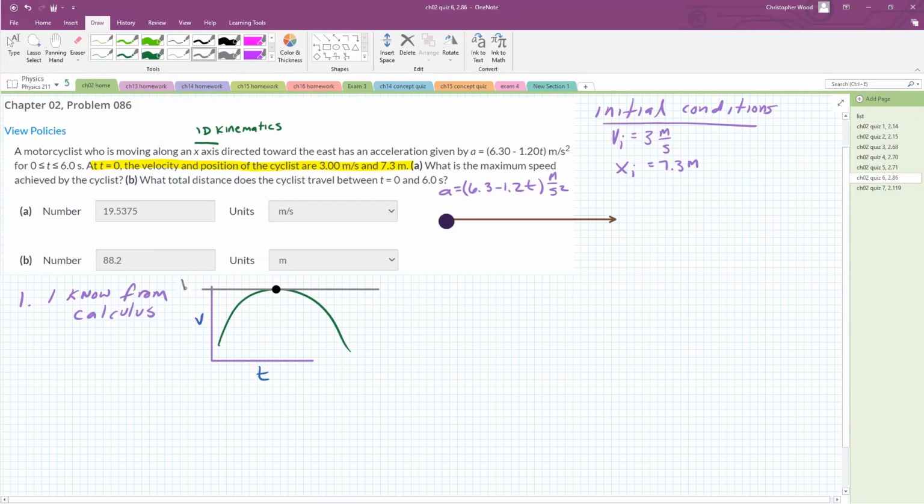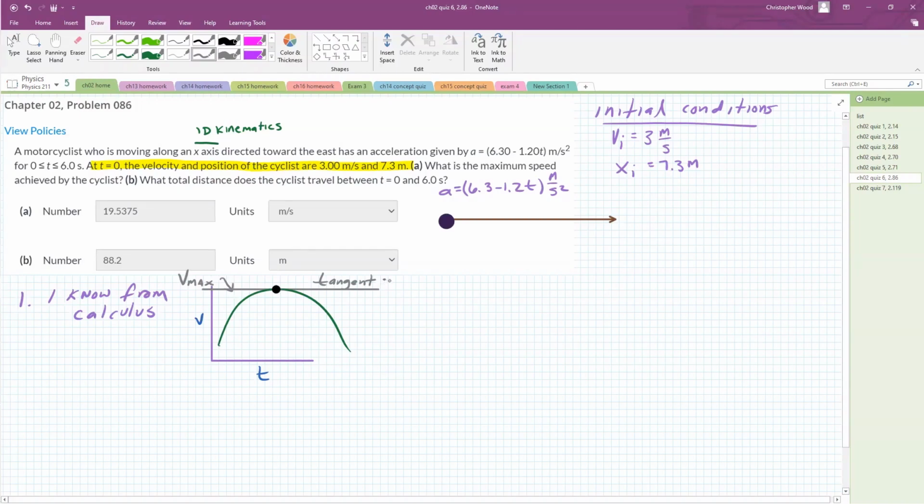So this point, V max. And you can see graphically that is the maximum velocity attained by the motorcyclist right there. So what's true about that tangent line? This is a tangent line. It's tangent to that maximum point.